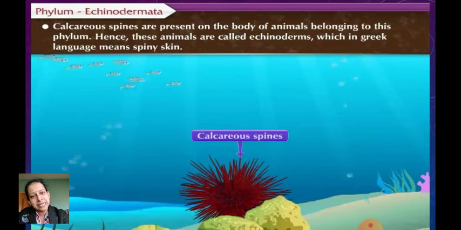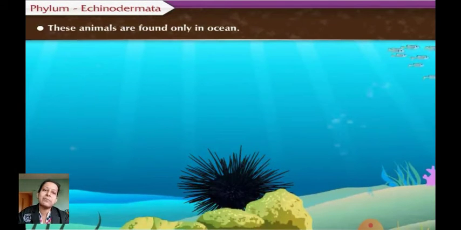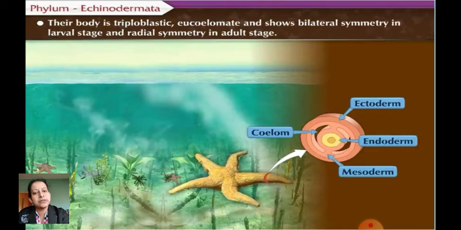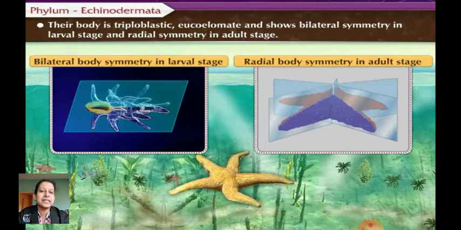So spiny skin. Fine. Now these animals are mostly found in the ocean. Remember this. Their body again is triploblastic, eucoelomate, that means true coelom is present, and they also show bilateral symmetry in the larval stage.